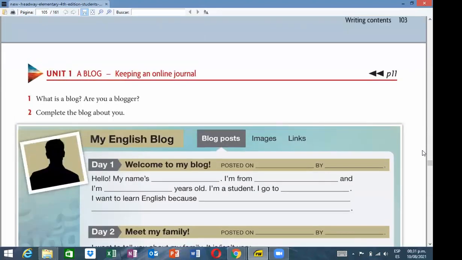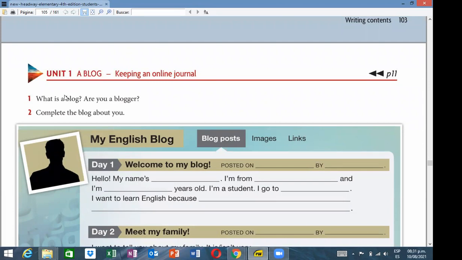Everybody, page 104. It's a writing part that you have to do as homework until tomorrow. Let's have a look.